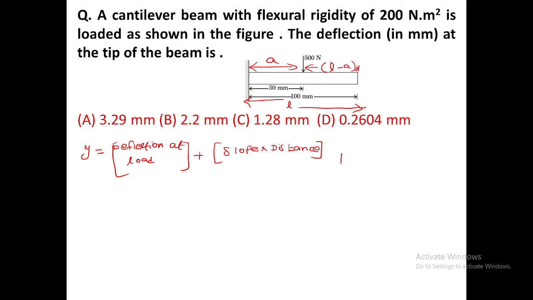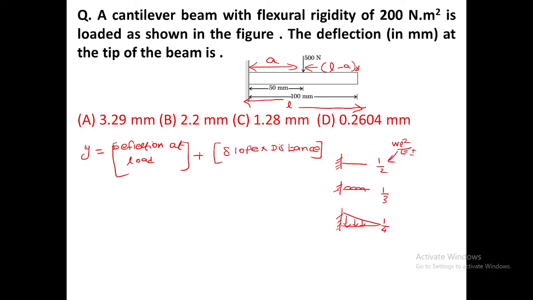Here, as a shortcut, for the cantilever beam with a distributed, uniformly varying load, you take 1 by 2, 1 by 3, 1 by 4. So WL squared by EI is common.